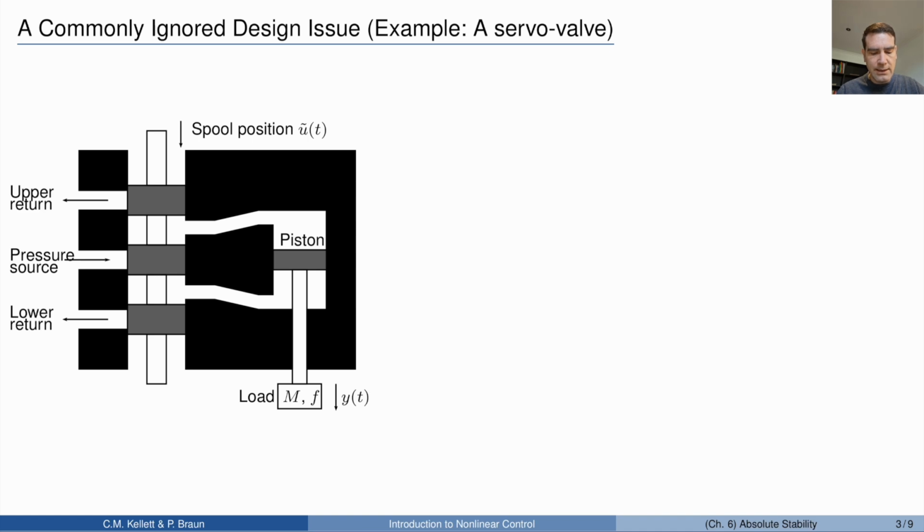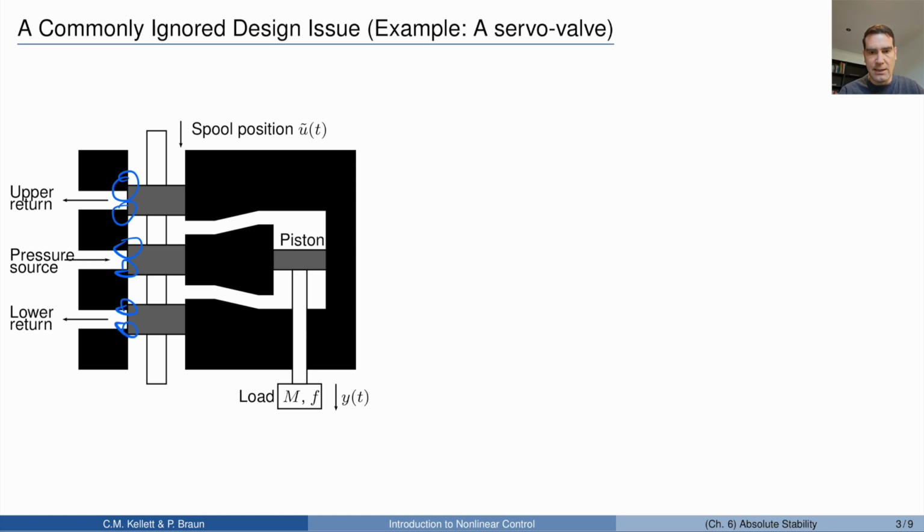And what we can see here is that we have an overlap here, meaning if we move the spool just a tiny bit, then that will not lead to a change of the output, because there is this overlap here at these positions.